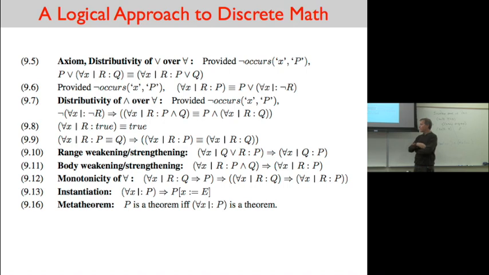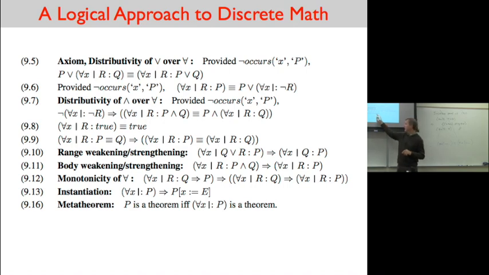Because if P is true for all the possible values of x, then it is true for everything with x replaced by e. Then it is true for one of them. Are you with me? What this is saying is that if it's true for all possible x's, then it is true for one of them, right?